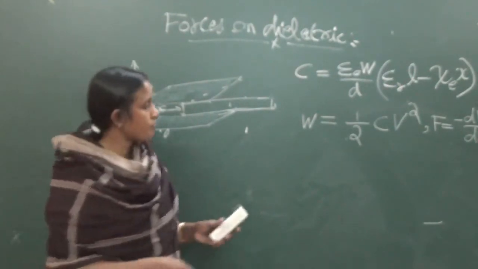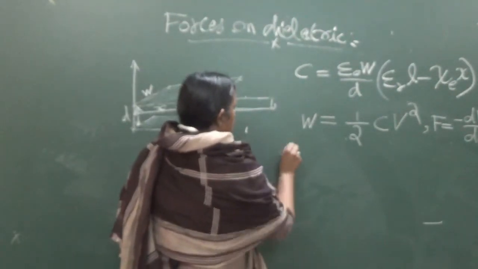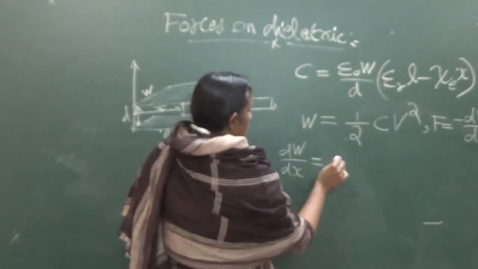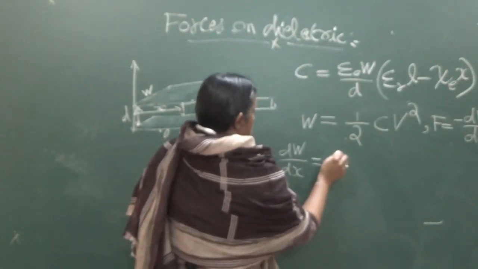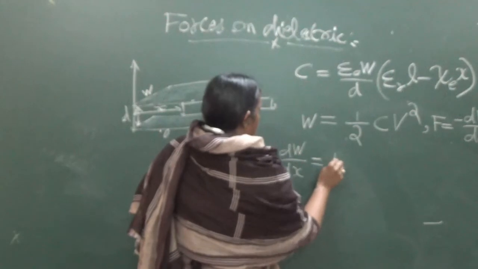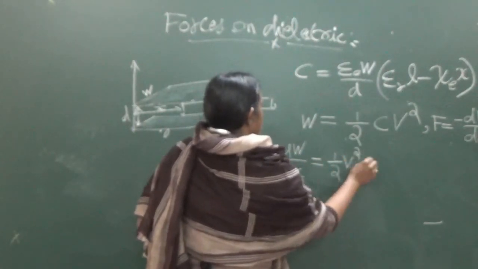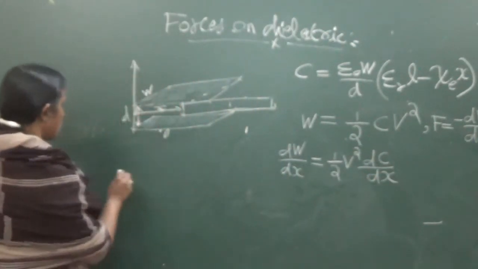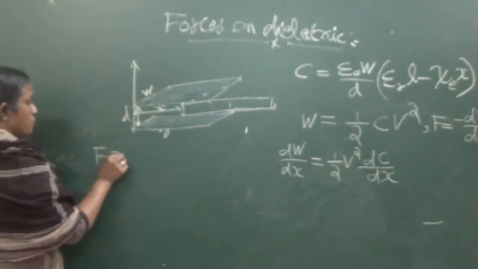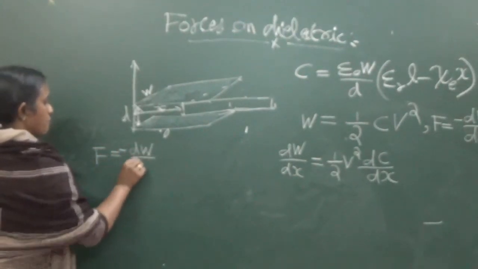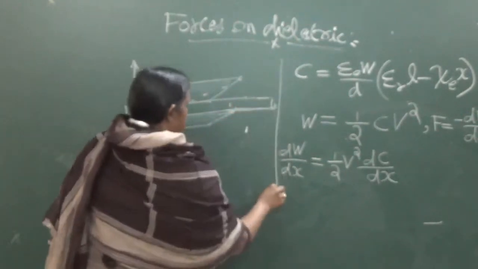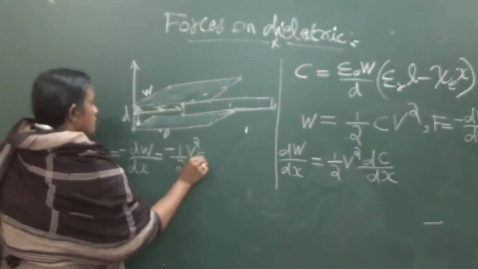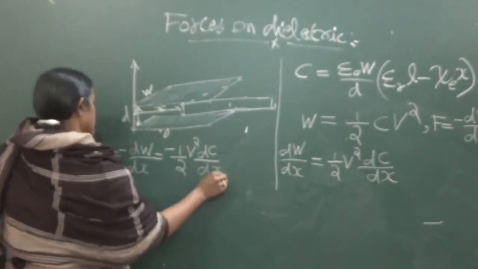So we can find dW by dx equal to half V square dC by dx. So force equal to minus dW by dx equal to minus half V square dC by dx.